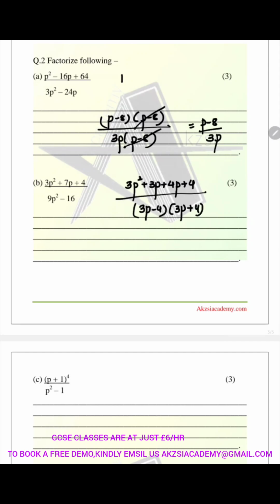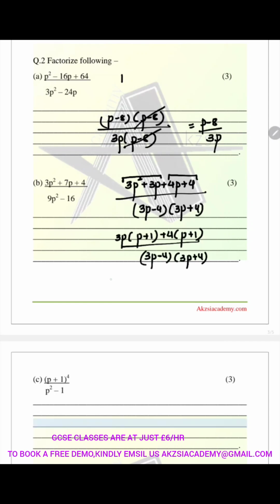Now, see the numerator one. We have sorted out the denominator, but the numerator, we have to continue with our conventional method. Taking out 3p as common, I'll get p + 1. And similarly, taking out 4 as common, I'll get p + 1. And in the denominator, (3p − 4)(3p + 4).